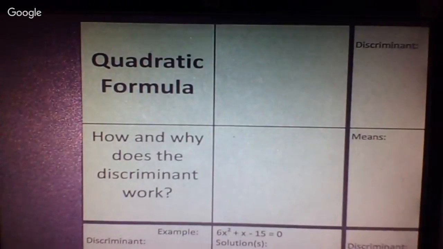When I broke it down into something like x plus 3 and x minus 2, this told you that your x-intercepts were at -3 and +2. So that's one way to solve, is to factor and get your answers.